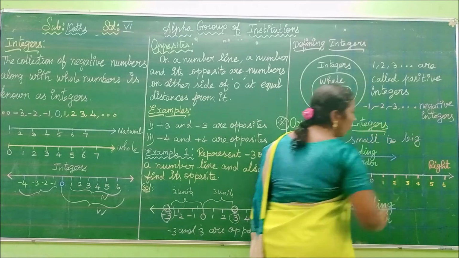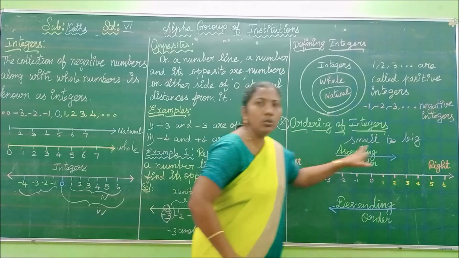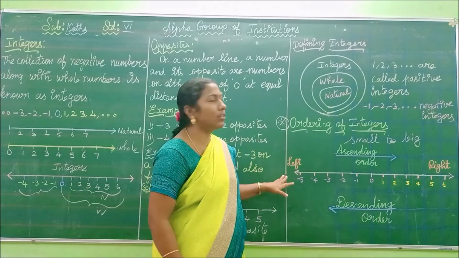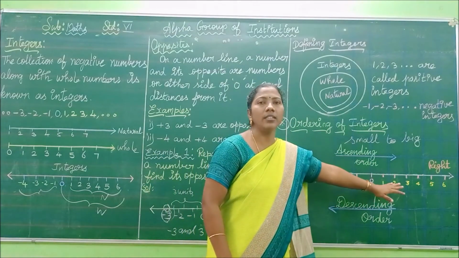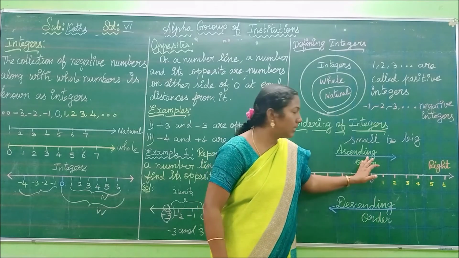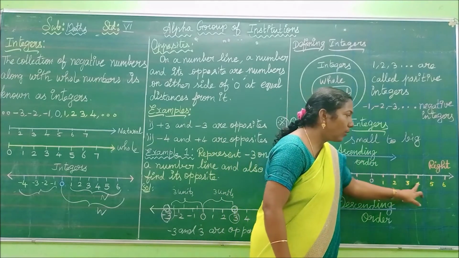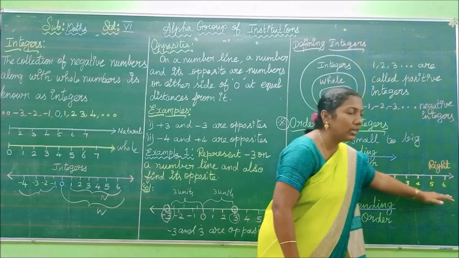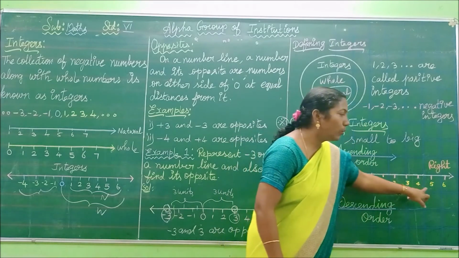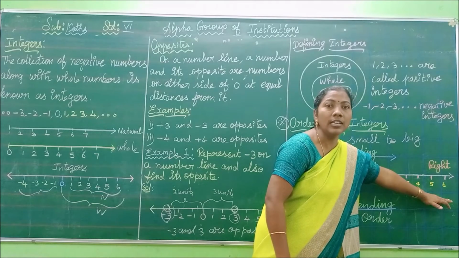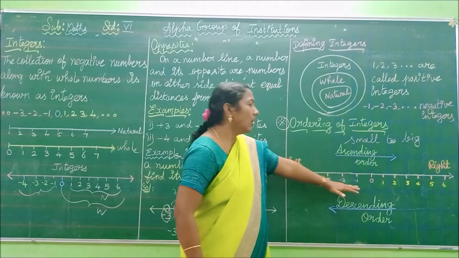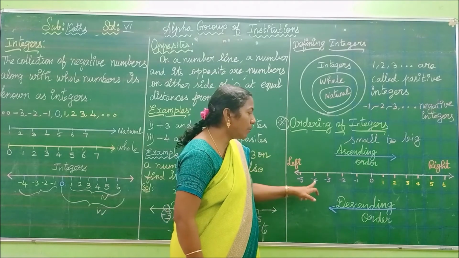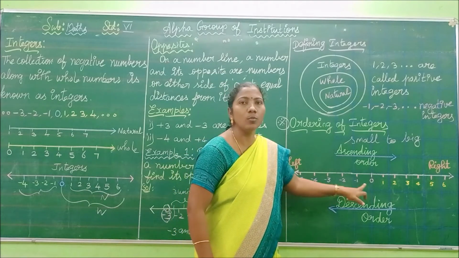While we move from left to right in the number line, you can easily observe the numbers are arranged in ascending order. See here, 1, 2, 3, 4, 5, 6 are arranged from small to big. See, 0, 1, 2, 3, 4, 5, 6 all are arranged in ascending order. See here, come over to the negative numbers. See, minus 5, minus 4, minus 3, minus 2, minus 1.